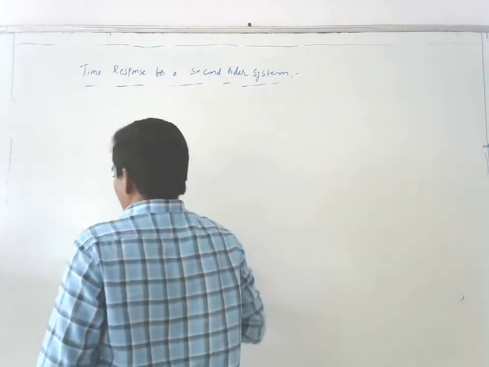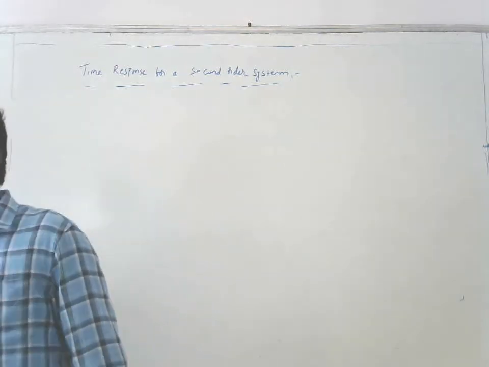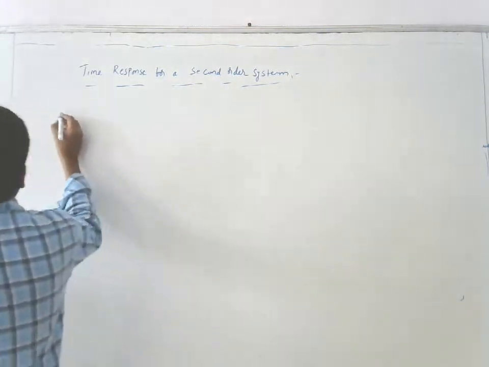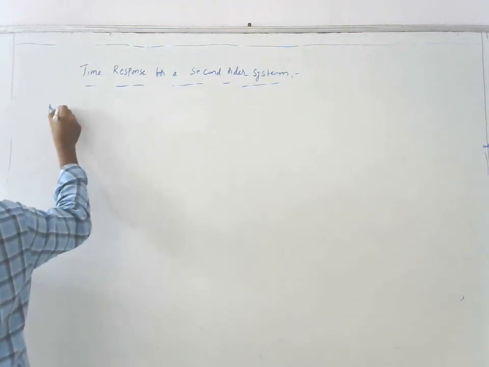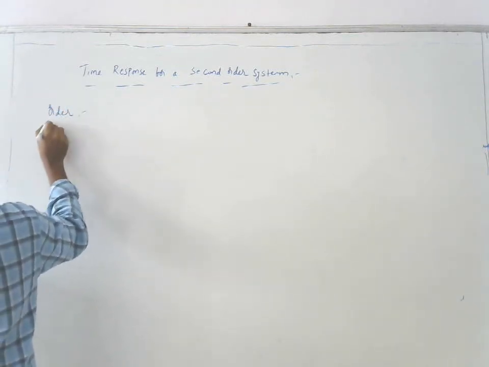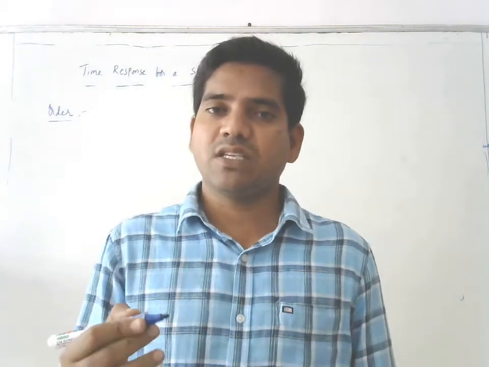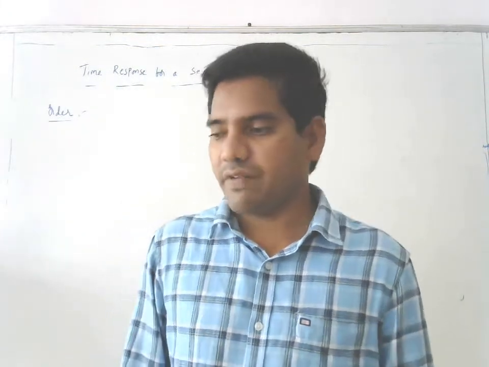Already we know how we define the order of the system, whether it is first order, second order, or third order. It always depends upon the transfer function of the given system.